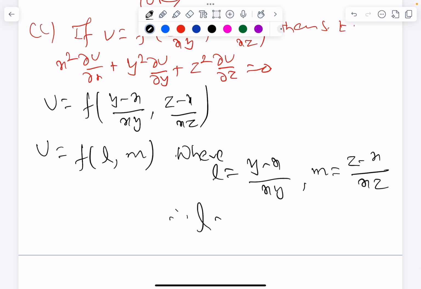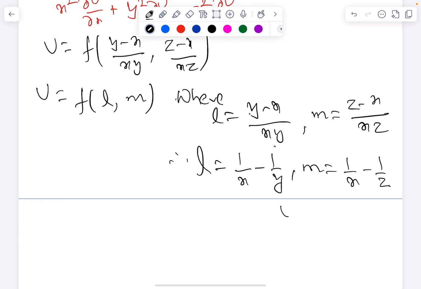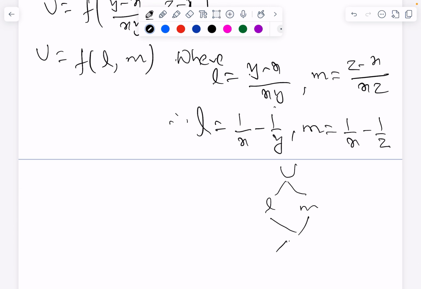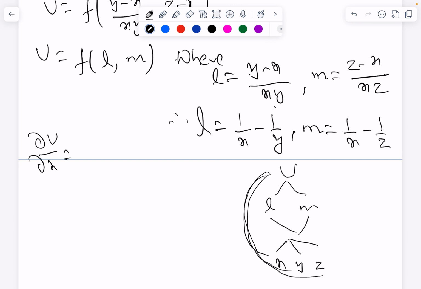This we can write as L equal to 1 over x minus 1 over y, and m equal to 1 over x minus 1 over z. So basically we have u as a function of L and m, and L, m both are functions of x, y, z. So u is a function of x, y, and z also. So we can find del u by del x.